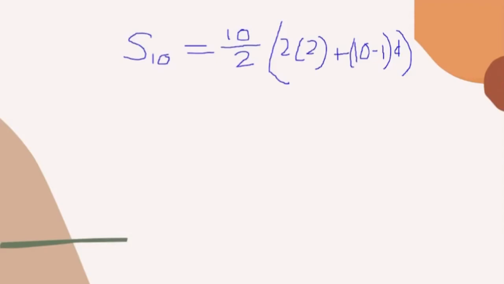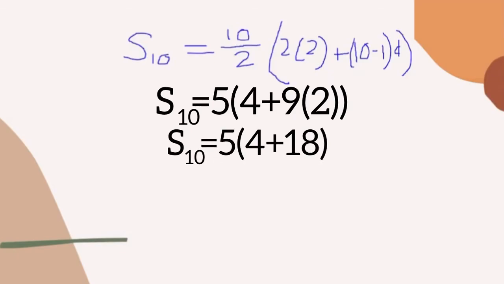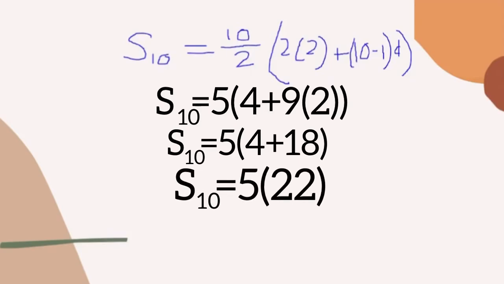S sub 10 is equal to 10 divided by 2 multiplied by 2 times 2 plus 10 minus 1 multiplied by d, which in simplified form is S sub 10 is equal to 5 multiplied by 4 plus 9 times 2, which simplified is 5 multiplied by 4 plus 18, which simplified is 5 times 22, which simplified is S sub 10 equal to 110.